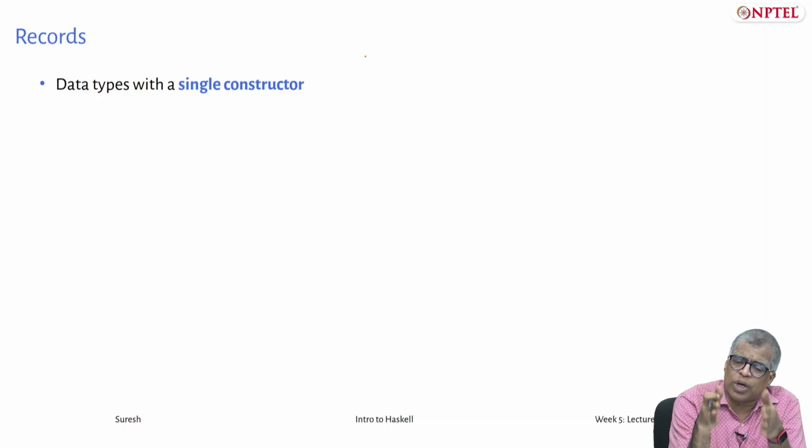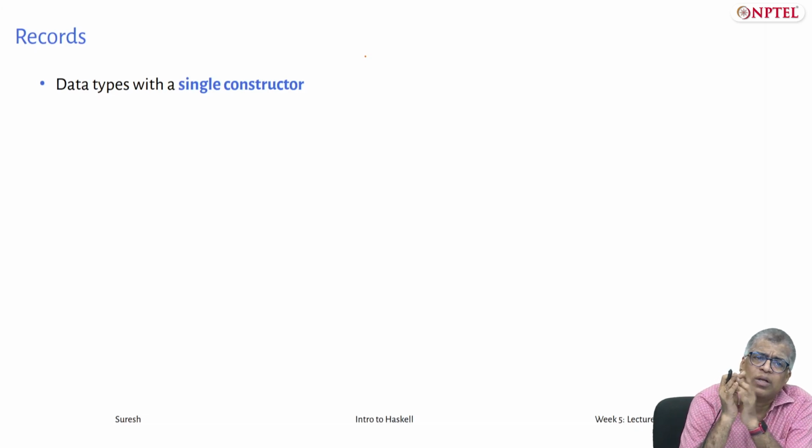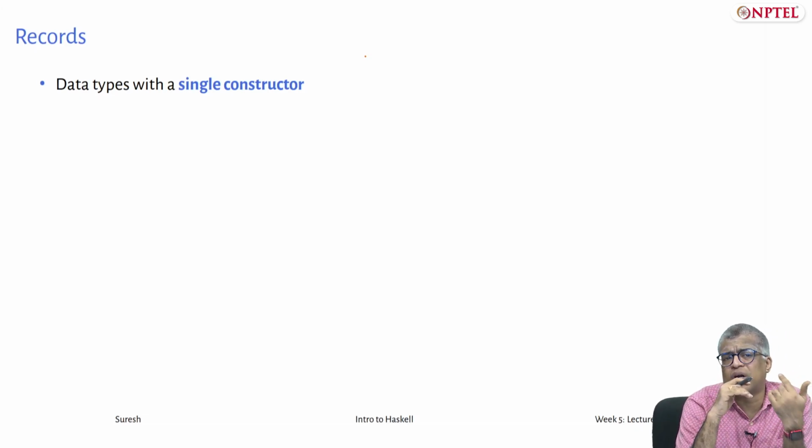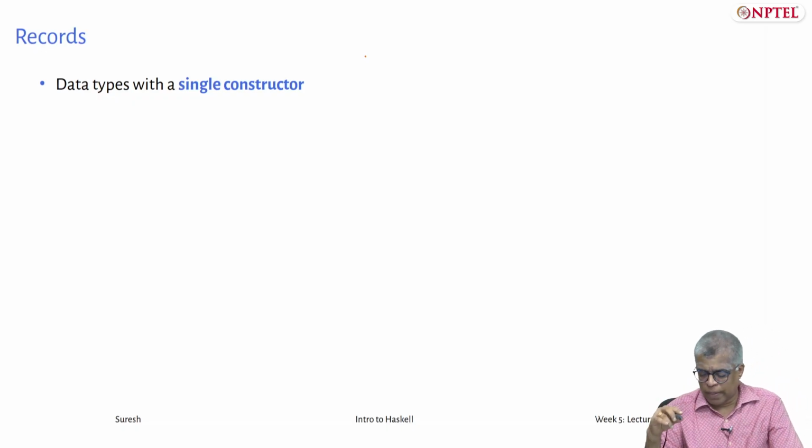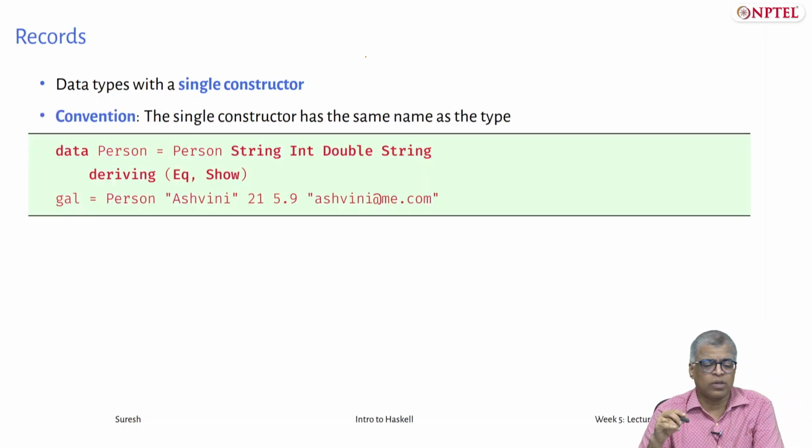Okay, so there is choice here, but sometimes there is no choice, in which case you can call them records, because it's like a record in a database where there is a bunch of values that you put together as part of one unit, to be treated as one unit, but there is no choice.